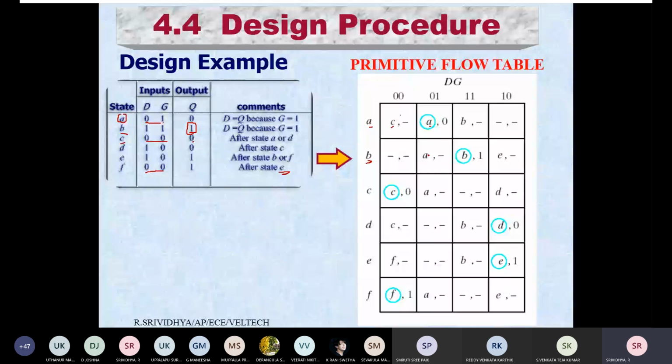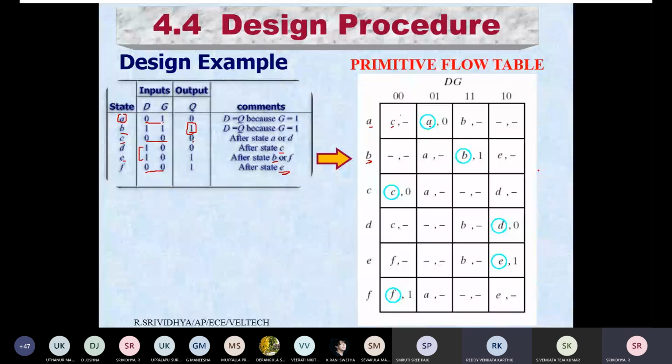Now coming back here, you can see two combinations of 1, 0. If you find two combinations, you have to come back to the comments. This is after state C and this is after state B. Only this you have to use. So the state is E. So E, comma, dash. Second row, is everyone clear?